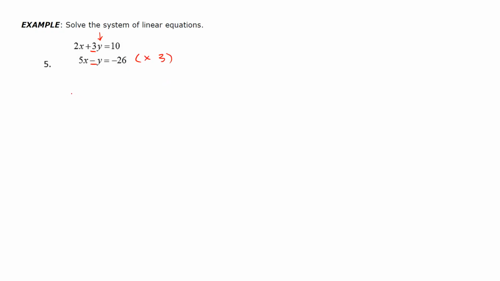So that will give us the system 2x plus 3y equals 10. And then we would have 15x minus 3y equals negative 72.